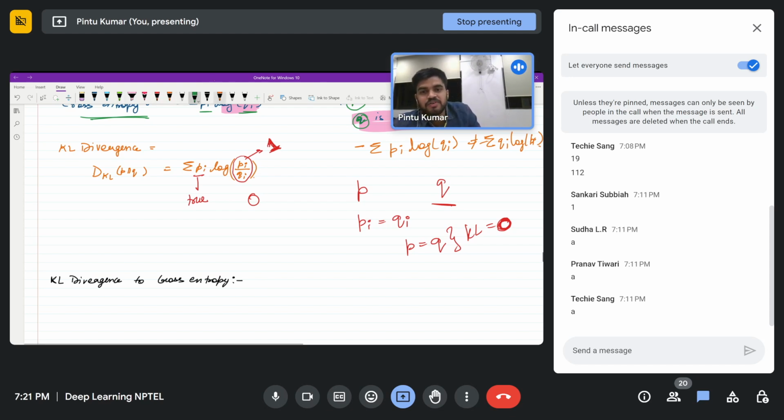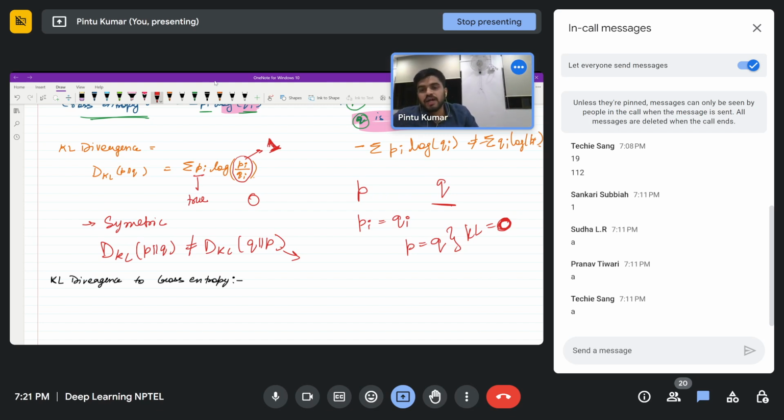If somebody is here from a math background or has heard of metric spaces, this is not a metric because it is not symmetric in nature. What that means is that D_KL(P given Q) is not equal to D_KL(Q given P). So the KL divergence between P and Q and between Q and P are not the same. That's why it is not a metric. This is for somebody who has done metric spaces. If somebody has not, you can just ignore it.